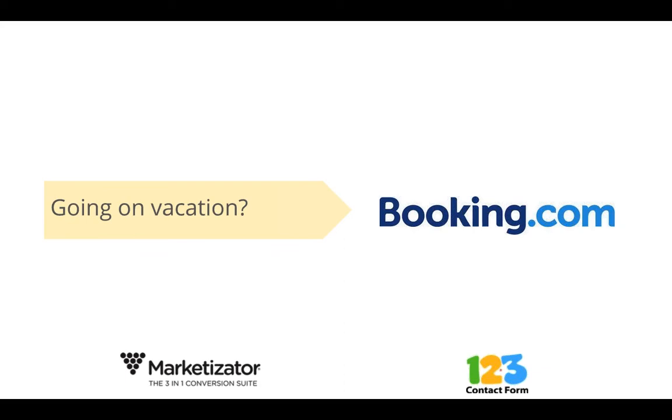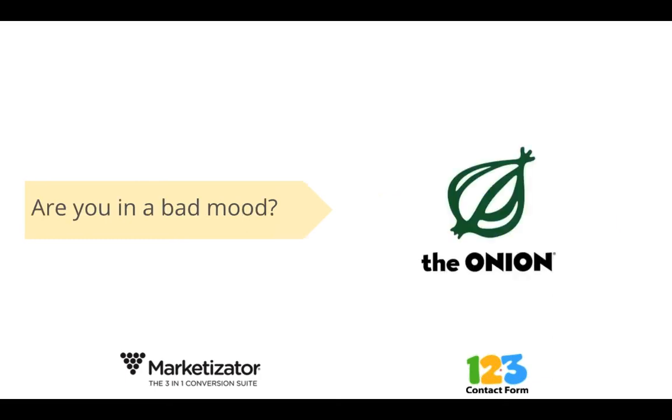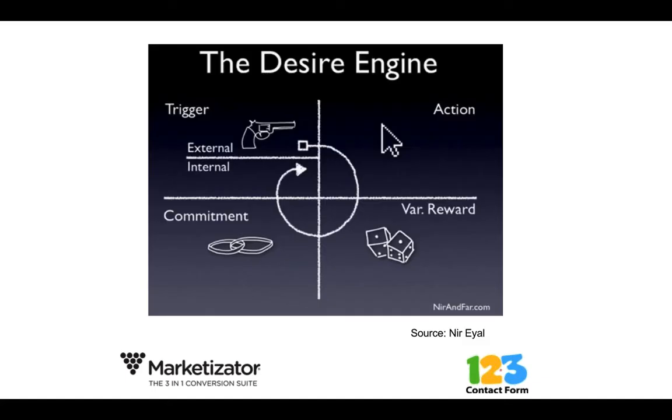If you are going on vacation, you go to booking.com. So they've managed to build a whole chapter, a whole folder in our brains. So it's the first option because they've trained us to be so. If you are in a bad mood, you go to The Onion. So basically, they are covering basic needs by changing the habits that we've had before.